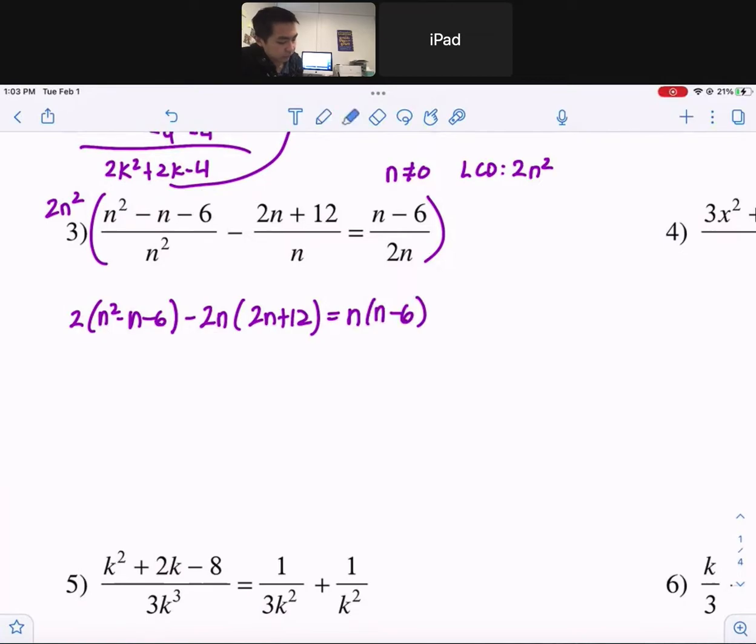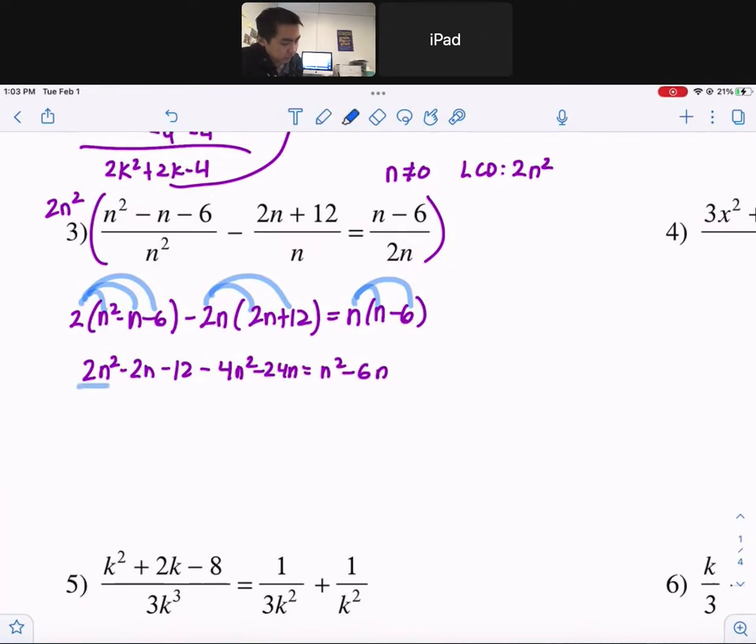Now let's distribute, right? All of this to there, and that to there. And 2n squared minus 2n minus 12 minus 4n squared minus 24n equals n squared minus 6n.